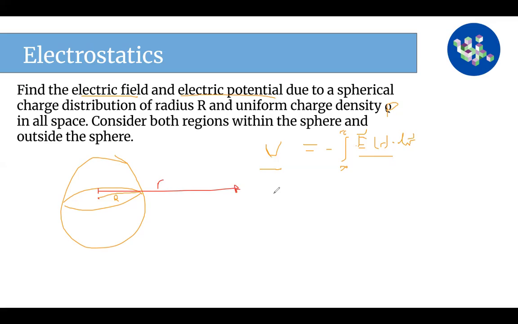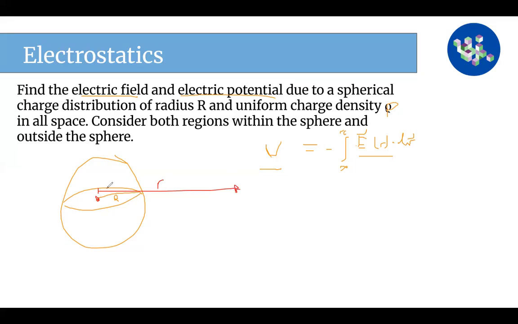If I have a spherical distribution of charge and I'm looking at the electric field outside of the sphere, then the electric field is the same as if I had just one point charge at the center, with the same charge as the amount of charge in the spherical distribution.